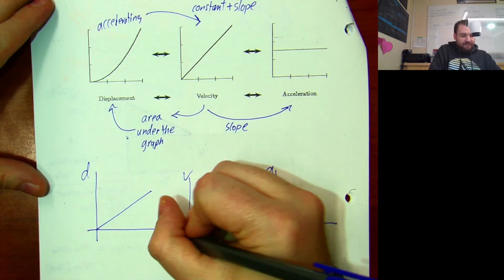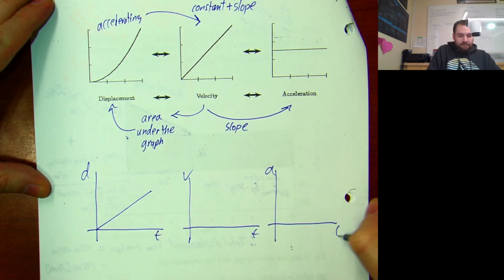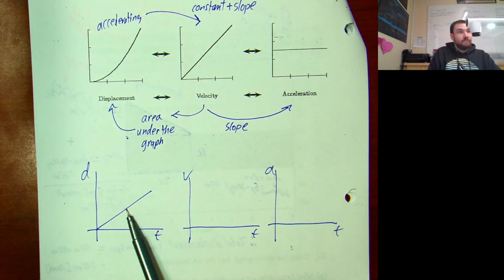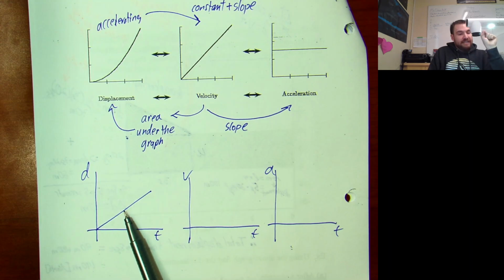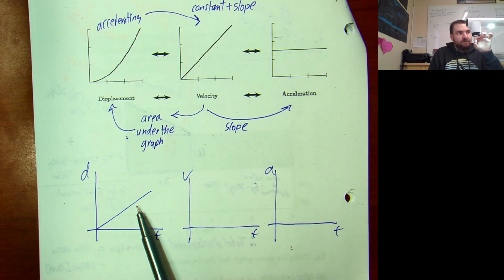On a DT graph, what does that line mean? On a DT graph, a straight line means I have a constantly changing position.